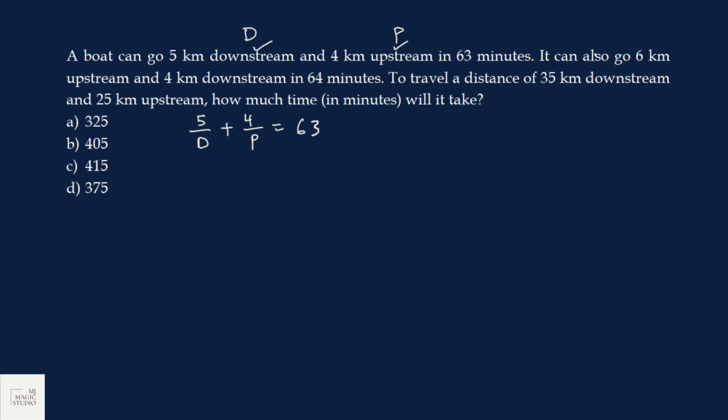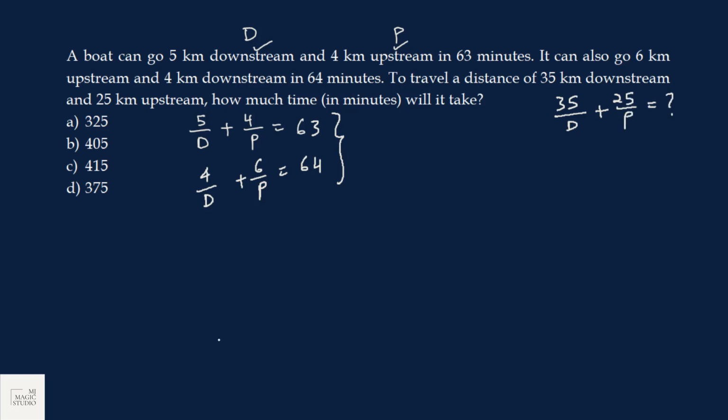It can also go 6 km upstream, upstream is P, that is 6 by P plus 4 km downstream, 4 by D, in 64 minutes. We need to solve these two to find the value of D and P. So to travel a distance of 35 km downstream, 35 by D plus 25 km upstream, how much time will be taken?